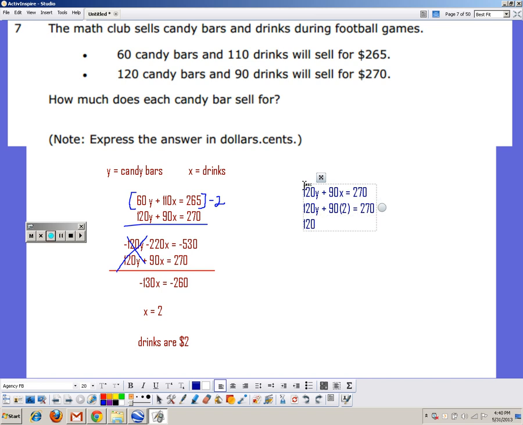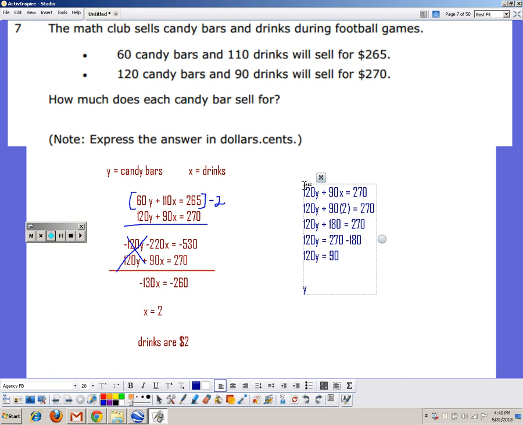So I get 120y plus 180 equals 270. I subtract 180 from both sides. So I get 120y equals 90.